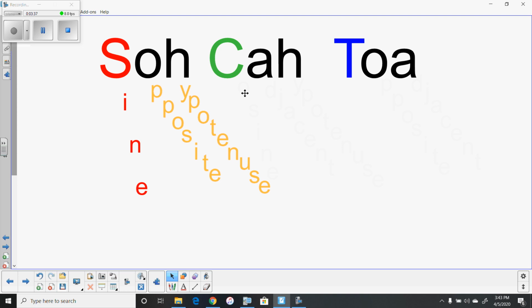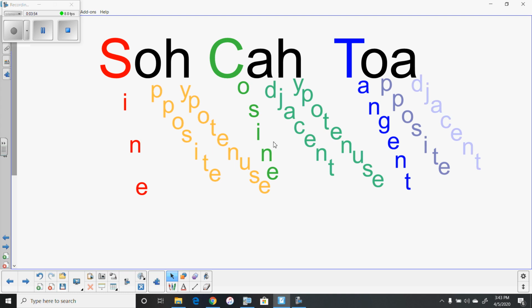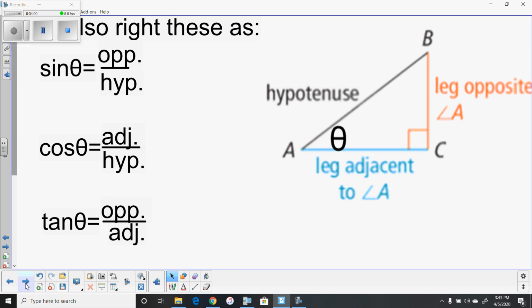CAH stands for cosine equals the adjacent over the hypotenuse. And tangent, TOA, helps us remember that tangent equals the opposite over adjacent. Okay? So again, when we put this into use, I think you'll see that it's not that difficult.